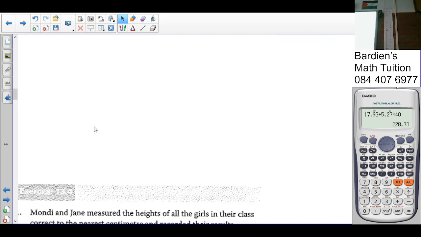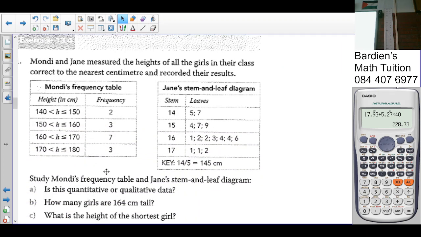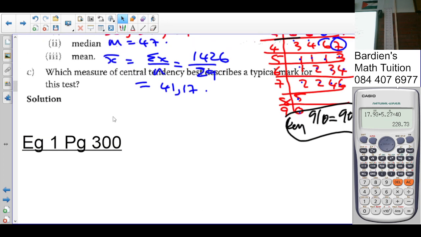Okay, so let's look at exercise 13.4. Oh, there's another question. The question says, which measure of central tendency best describes this type of data for this test? Alright, so measures of central tendency: mean, median, mode. Which measure of central tendency do you think is going to be the best here? We are told that the mode is not representative of the data and the mean is affected by very low and very high marks.